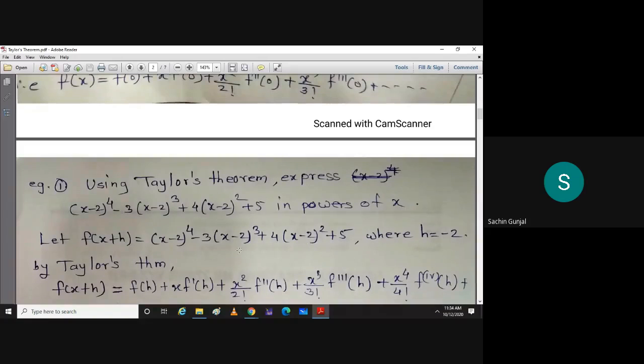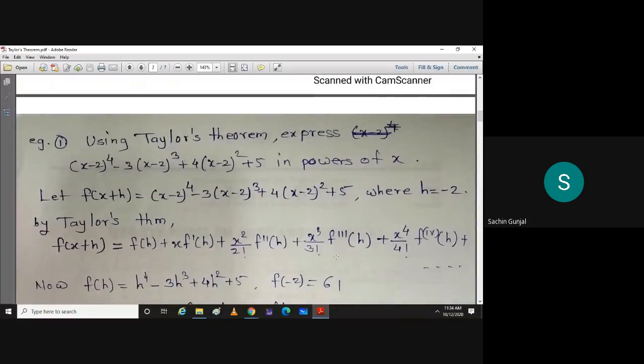Please understand this, because you are going to face such a thing in each of the problems in Taylor's theorem. You need to write f of x carefully. So everybody believes that f of x is x raised to 4 minus 3x cube plus 4x square plus 5.